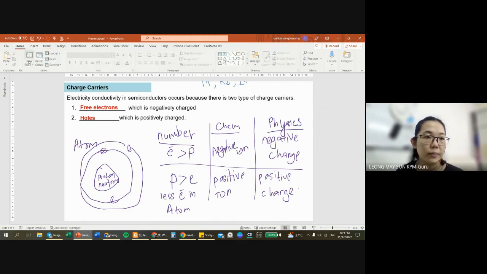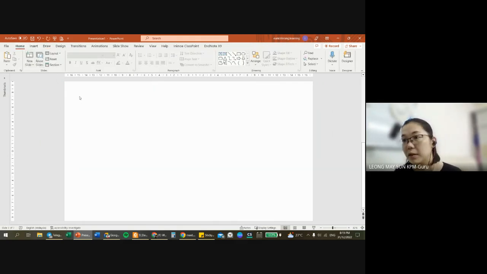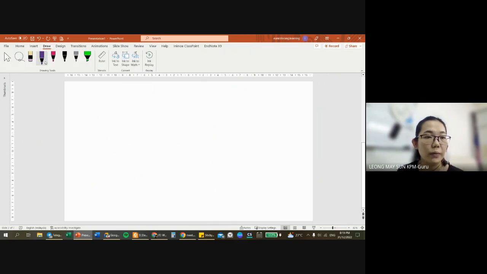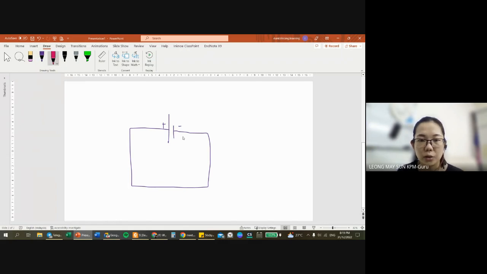Let's just say I have a positive terminal and this is my negative terminal. Positive is the longer one, negative is the shorter one. What you learned previously in RBT and in science is that it is the electrons that flow from negative to positive, due to the attractive forces existing at the positive terminal.